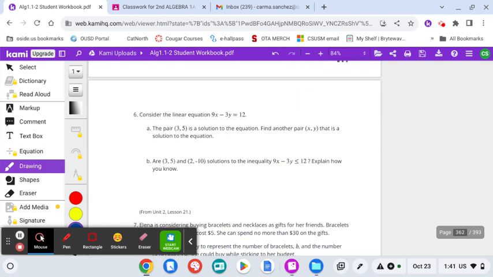Consider this linear equation. This pair is a solution to the equation. Find another xy that's a pair. So go ahead and plug in an x, plug in a y to give you 12. Are 3, 5, and 2, -10 solutions to the inequality?